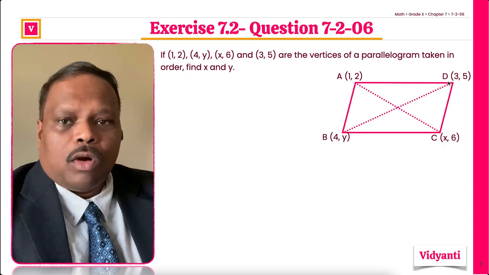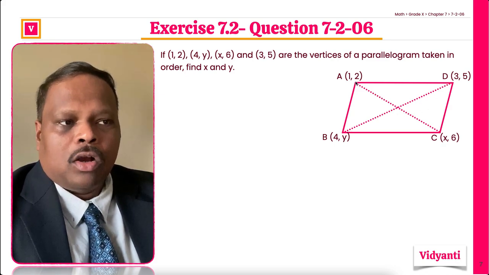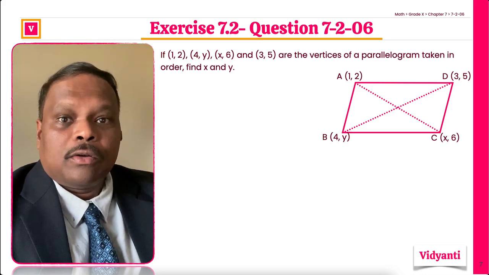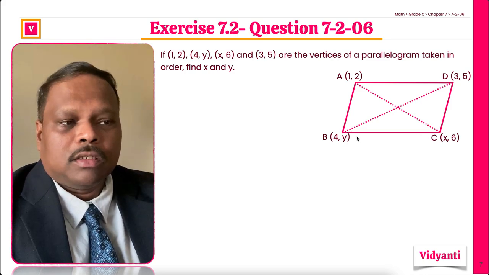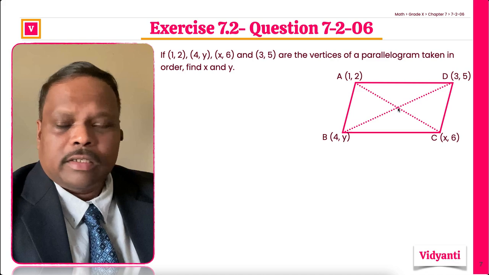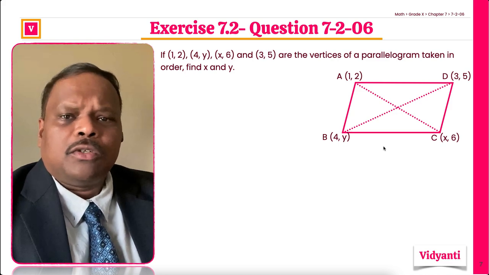Now, we will calculate the midpoint of diagonal 1, which is AC, and the midpoint of diagonal 2, which is BD. The midpoint is going to be the same because it's the same point, whether you calculate the midpoint of AC or BD.